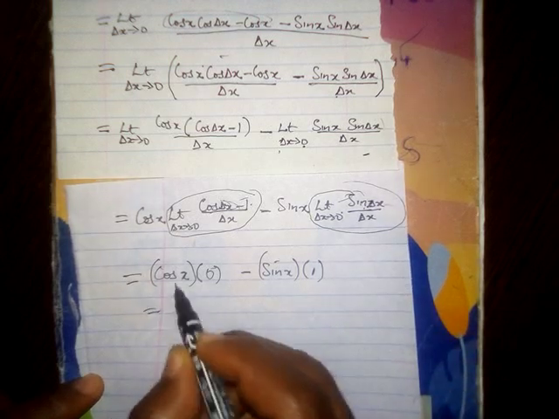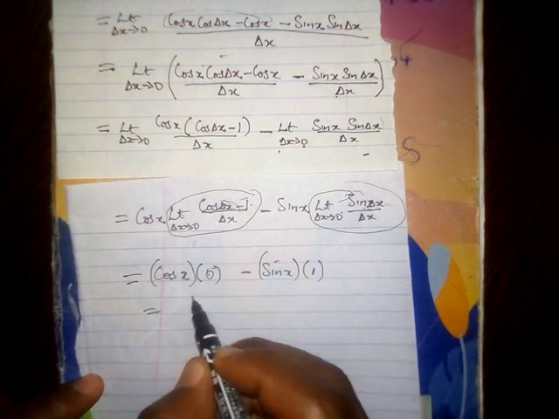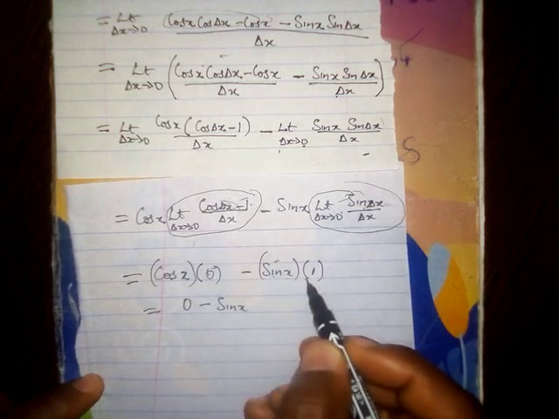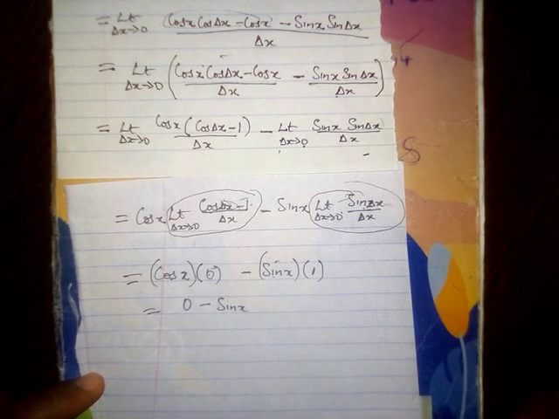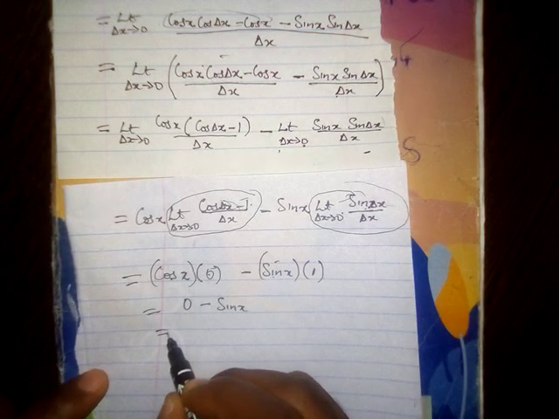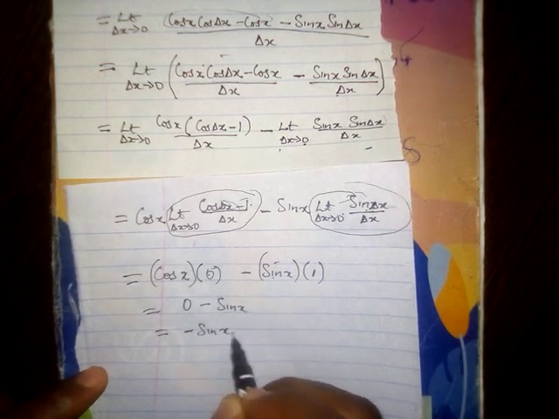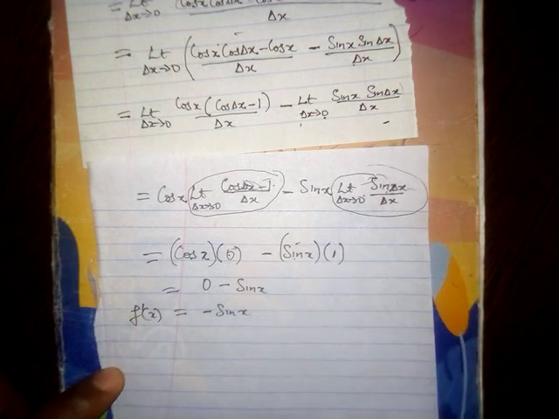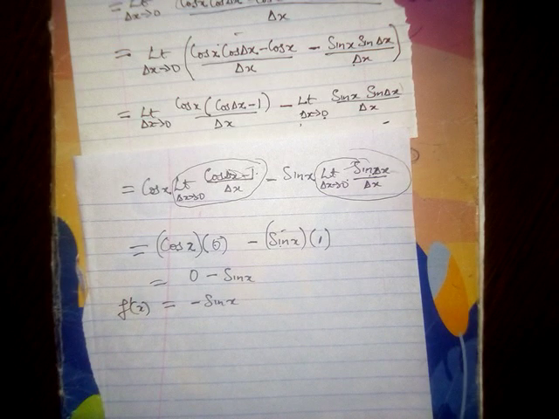Now 0 times anything is 0, so this is 0 minus sin x. Sin x times 1 is sin x. So our final answer is 0 minus sin x, which is minus sin x. Therefore our f prime of x is minus sin x.